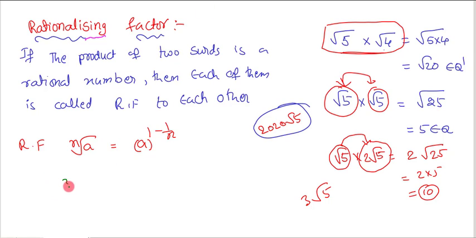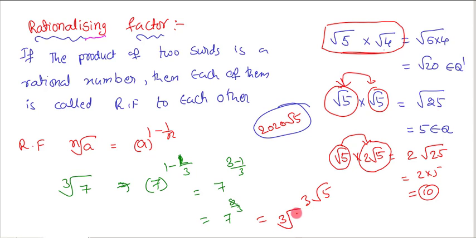The rationalizing factor of the cubic root of 7 is 7 to the power of 1 minus 1 by 3. That is 7 to the power of 3 minus 1 by 3, which is 7 to the power of 2 by 3. That means the rationalizing factor of this one is the cubic root of 7 square.